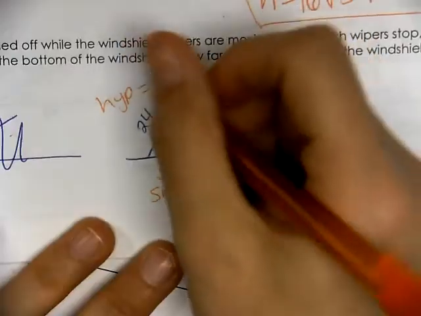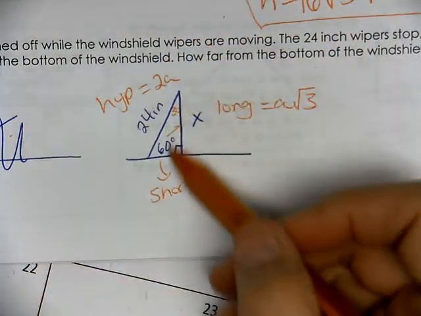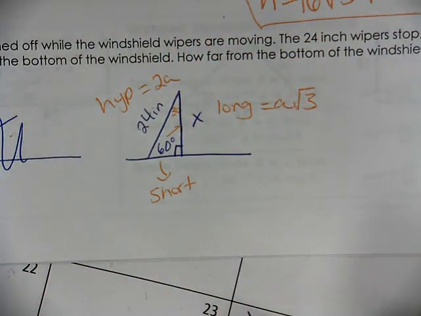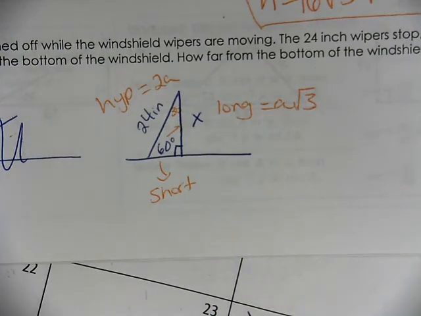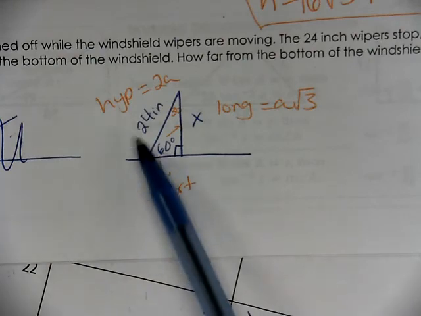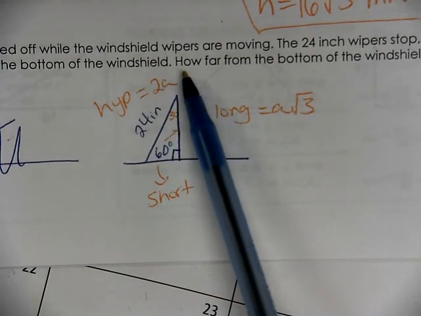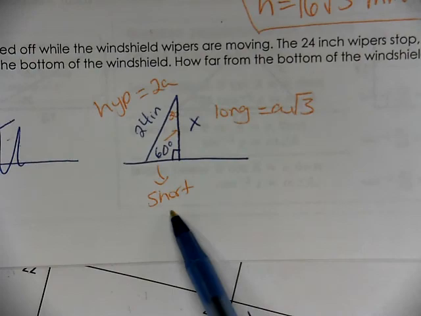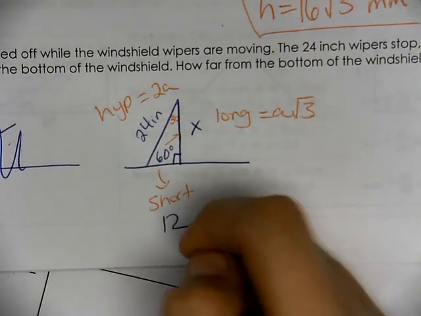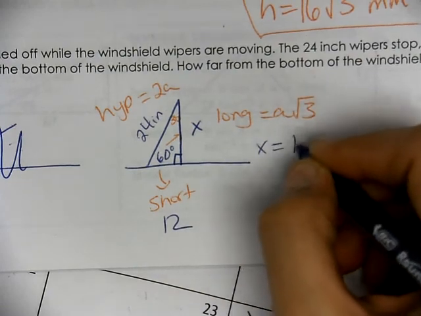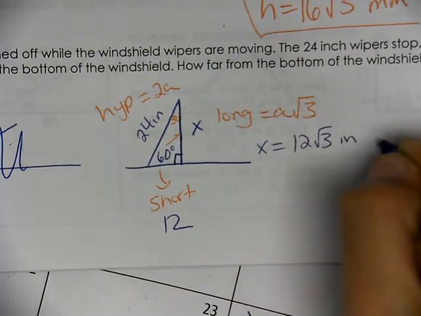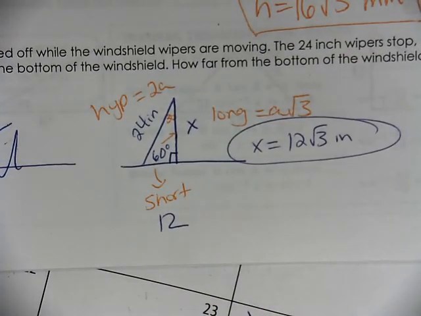This is going to be my 30-degree angle, so the short side is always across from it. If this is 24 and it's 2 times some number, what's our short side going to be? 12, which makes this side 12 root 3 inches from the bottom of the windshield.